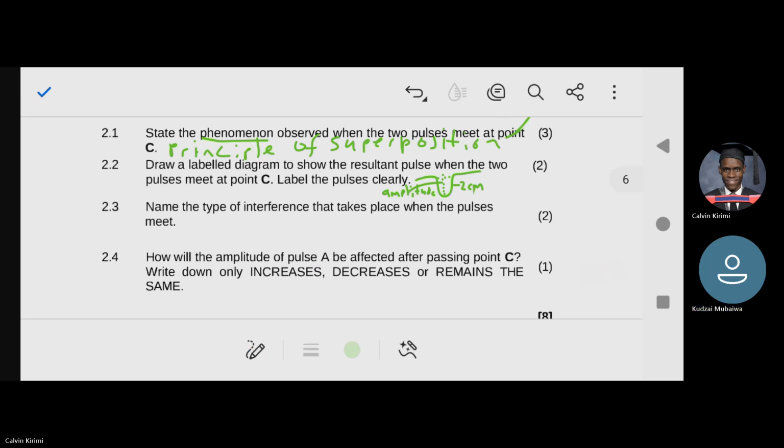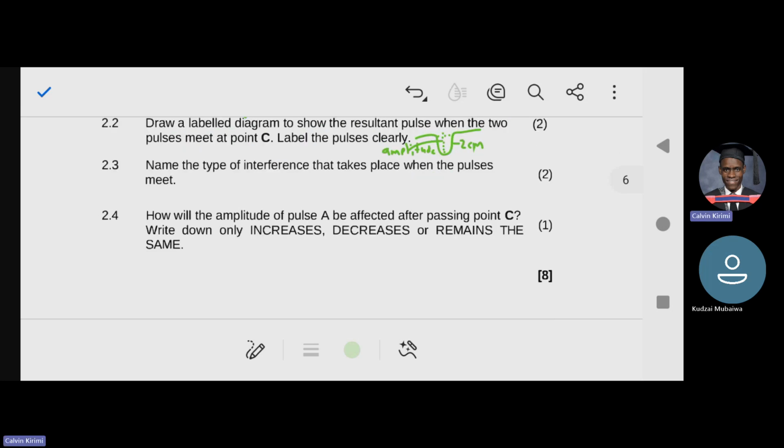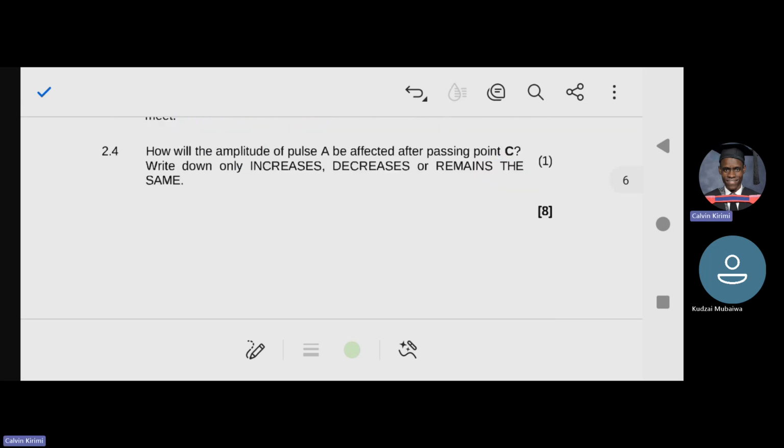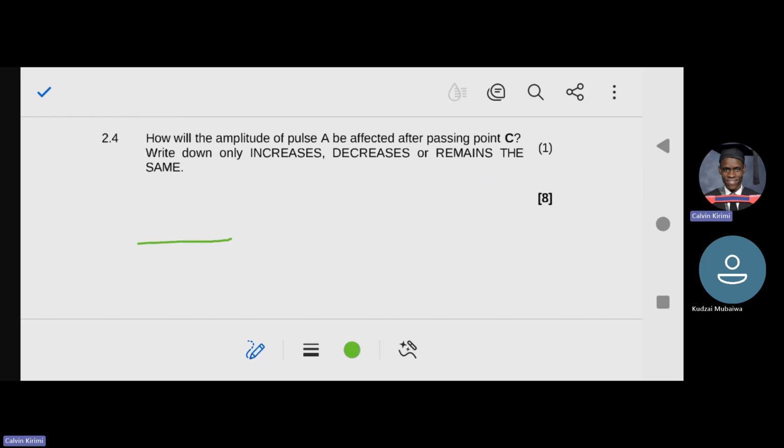Yes, so you must know that. If two pulses are both moving up like this, you have a pulse going in this direction, and then another pulse which is going to meet it. Both of the pulses, in which direction are they moving?